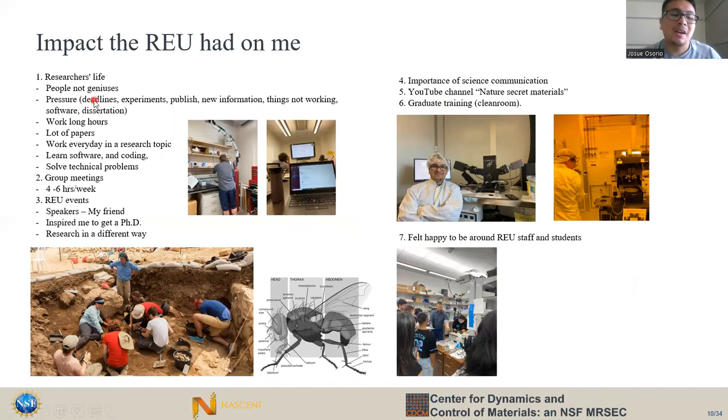So now, what is my research experience in this project? Really, I found that researchers or master students are not really geniuses. They're just regular people. They work under a lot of pressure. They have a lot of deadlines. They have to keep doing the experiments.